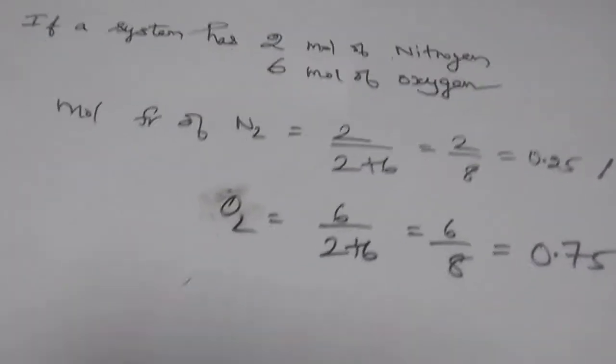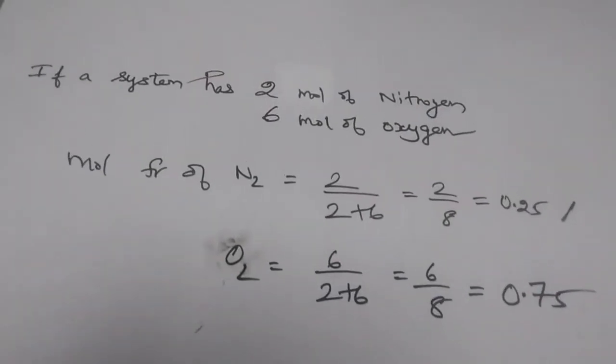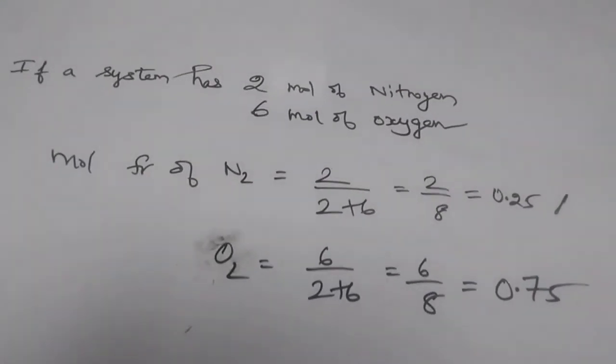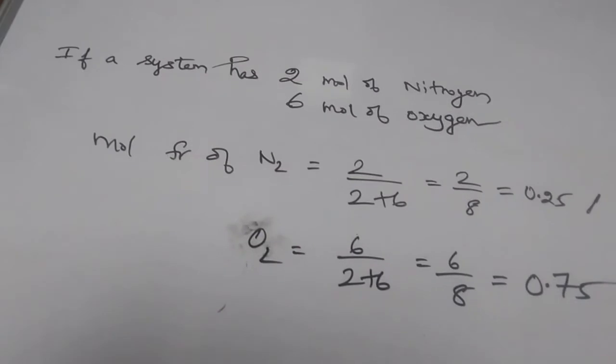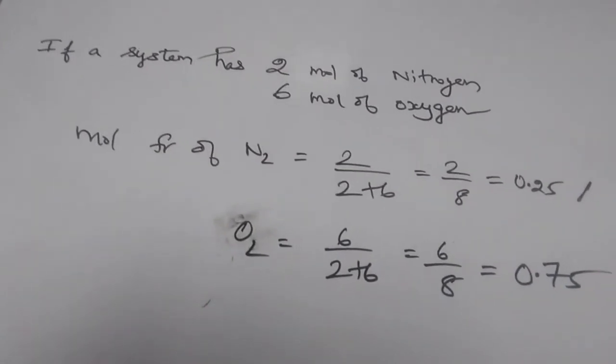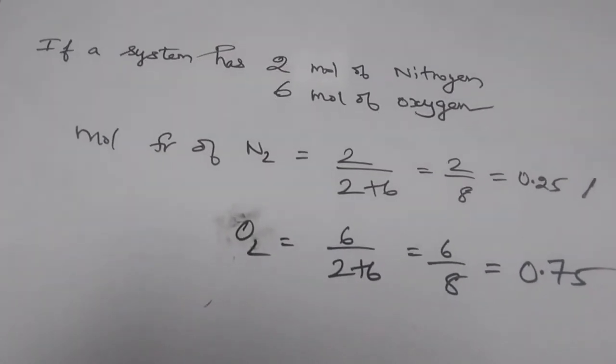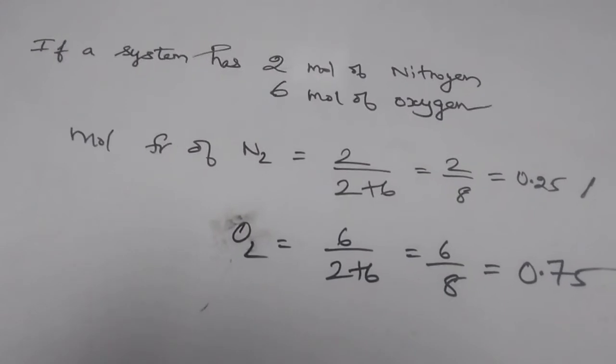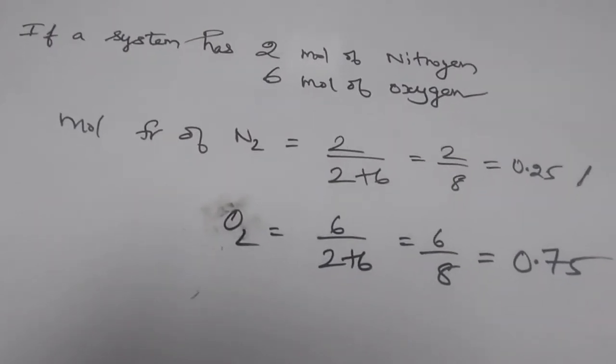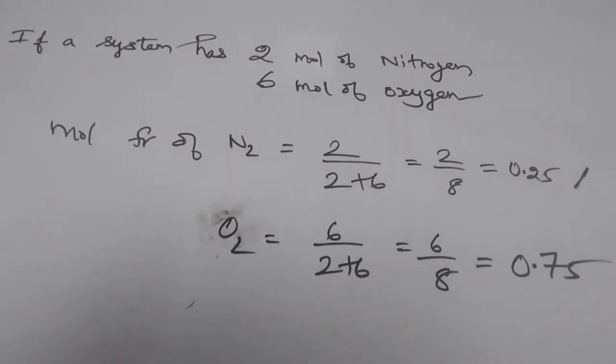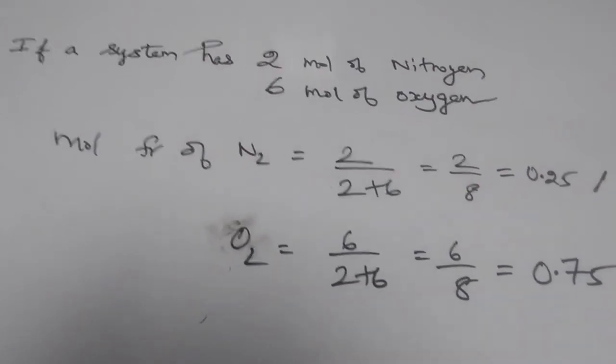Okay, so simple problem. If a system has 2 moles of nitrogen and 6 moles of oxygen, how to find the mole fractions? It is number of moles by total number of moles. 2 by 8, 0.25, and for oxygen it is 6 by 8, which is 0.75.